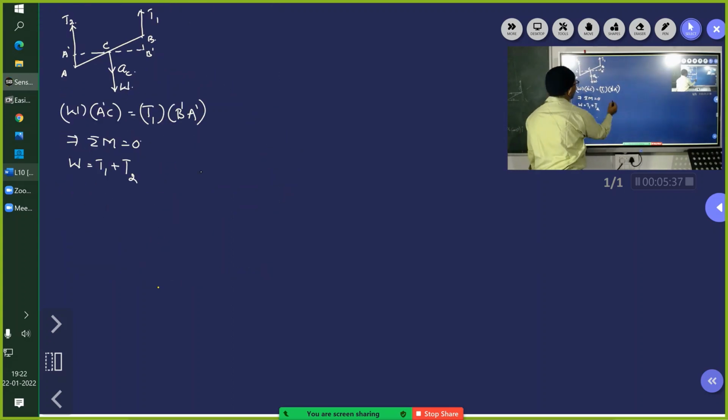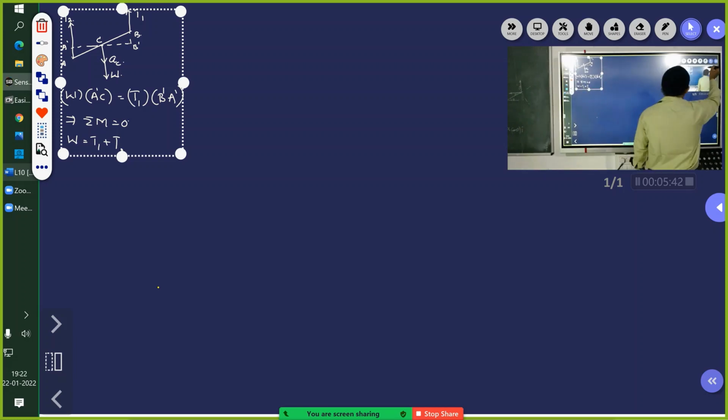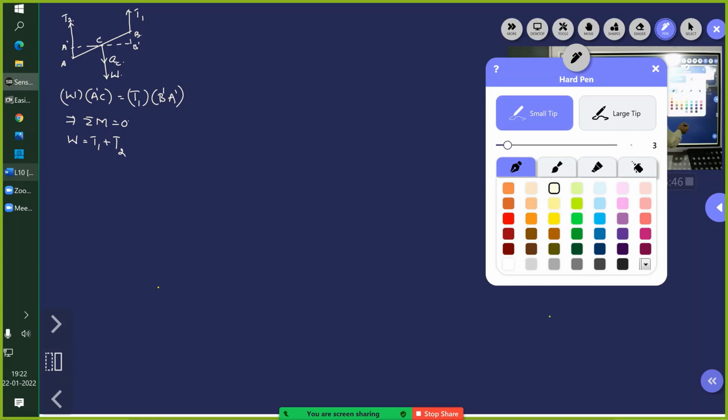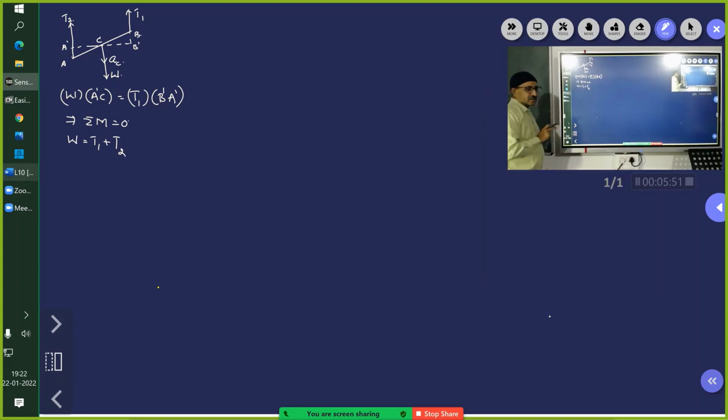Soon after the rod is cut, sir, A will become ICR. Wait, before A becomes ICR, what will we first see? We will identify ICR later on, but what are the forces, in what direction they will be, all that we have to see.